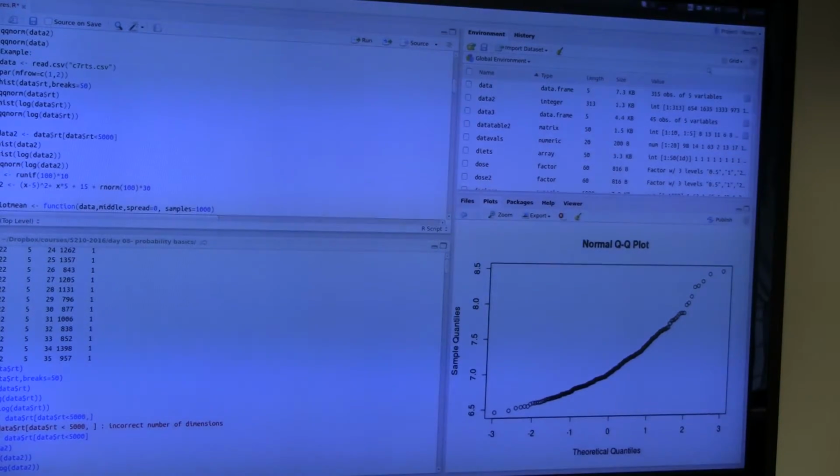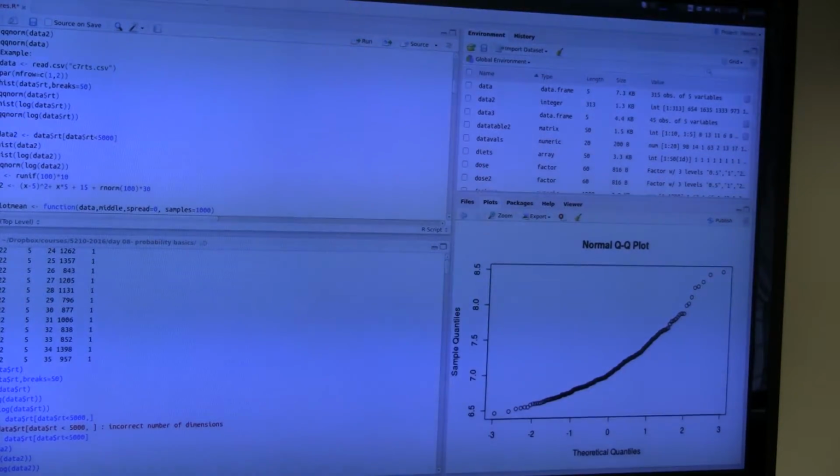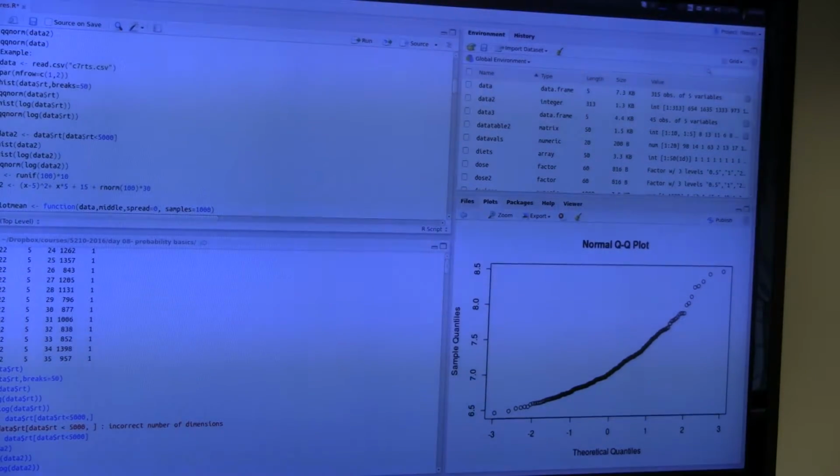And it's completely typical for people when they do experiments with a lot of response time to do data trimming, removing outliers like this.